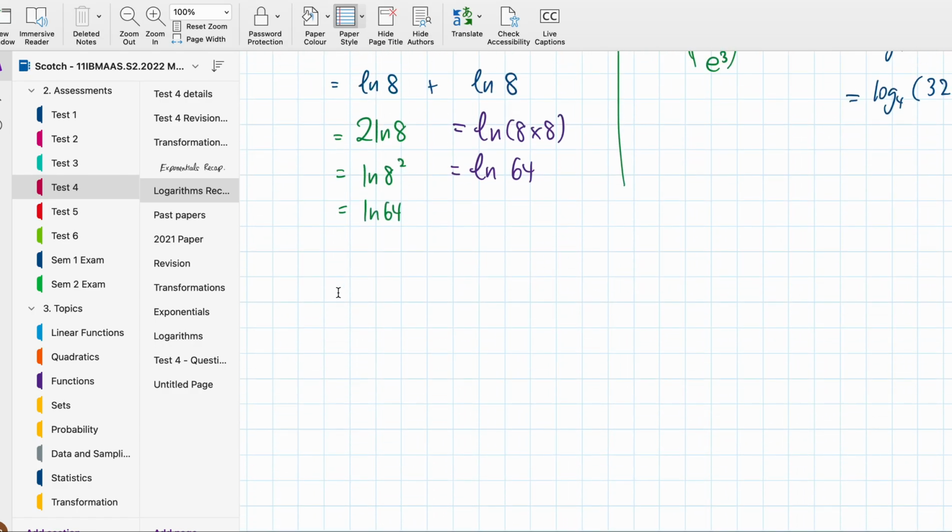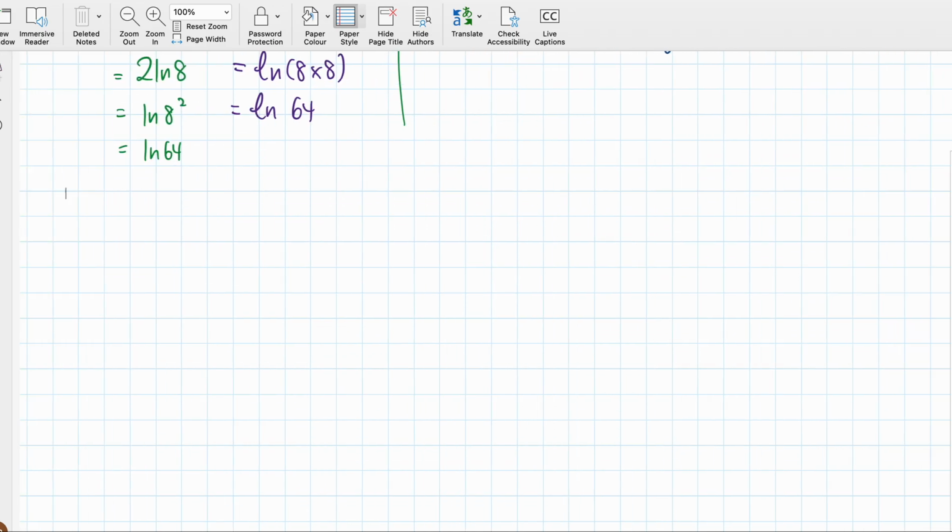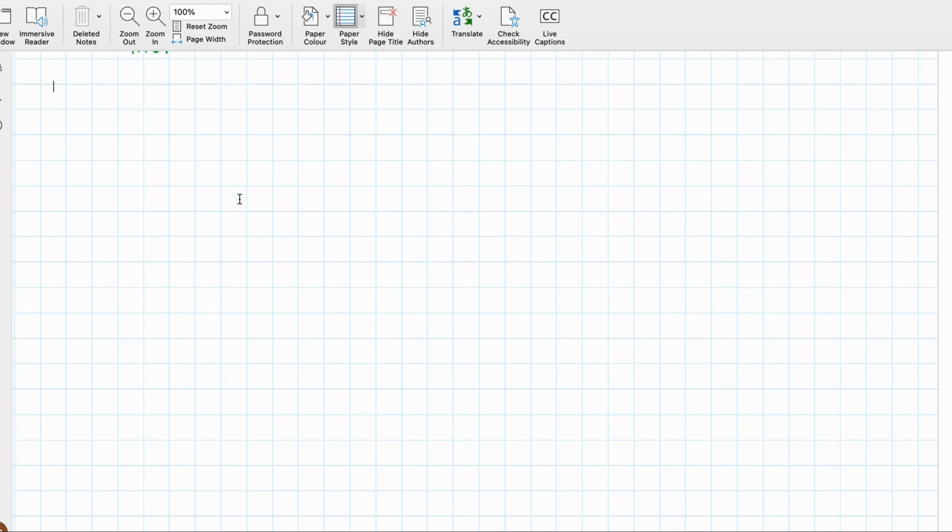Okay, so let's move on. We're going to be converting equations now into log and exponential form. So this is going to be converting from exponential to log equations.